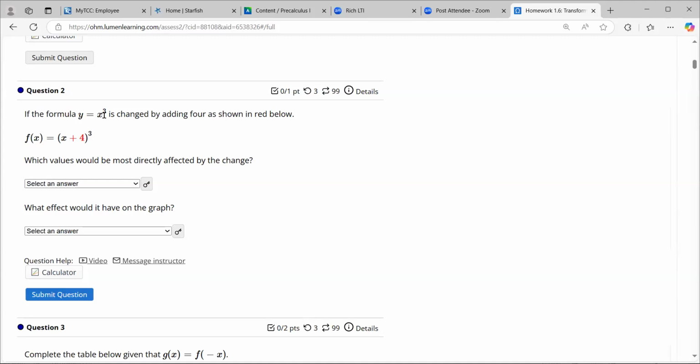By the way, this function y equals x cubed is called cubic function or cube function. This machine always produces output that is equal to the cube of the input. It's a very basic function. The output is always equal to the cube of the input. And that's the mother function.